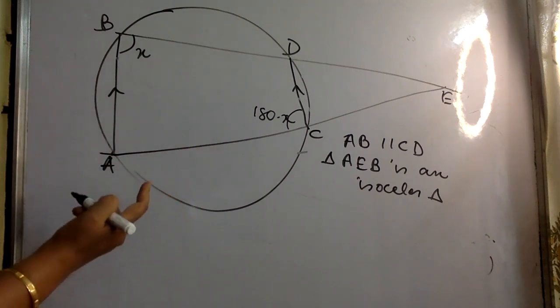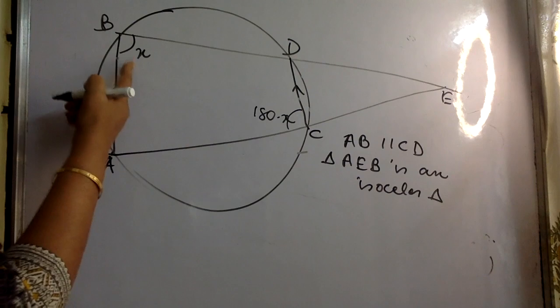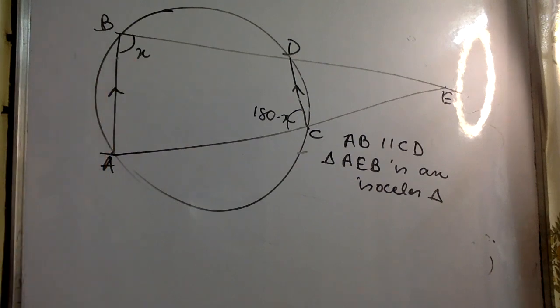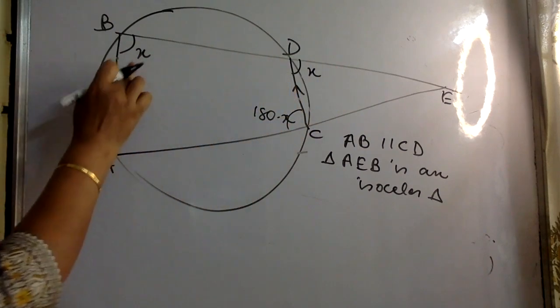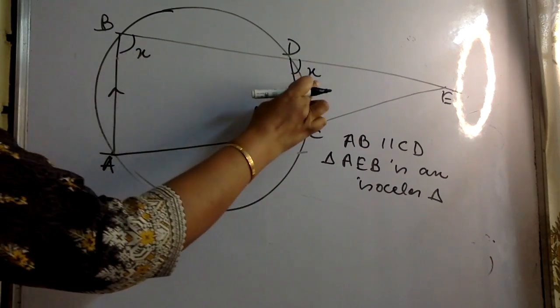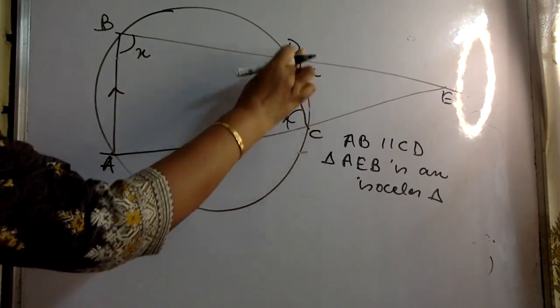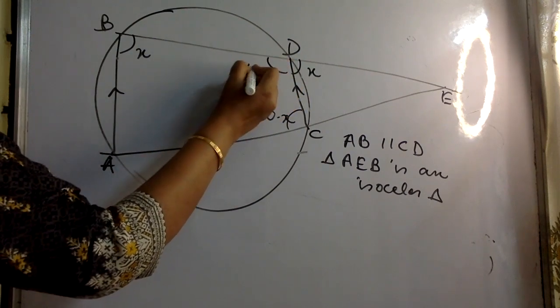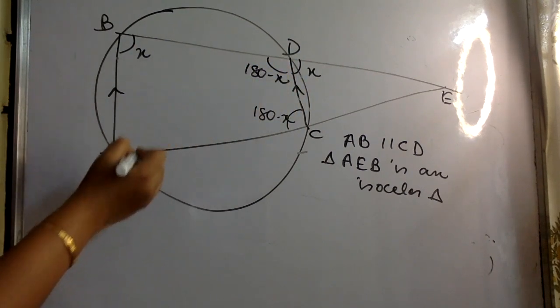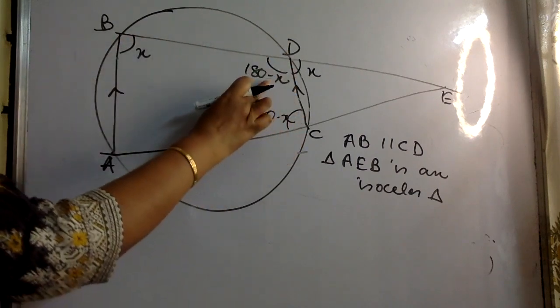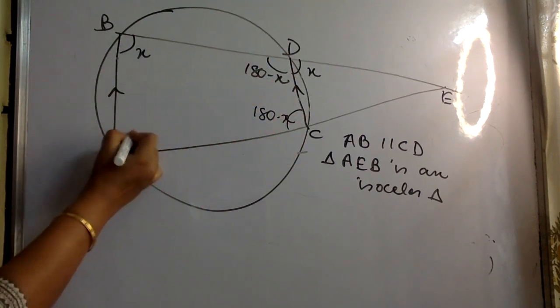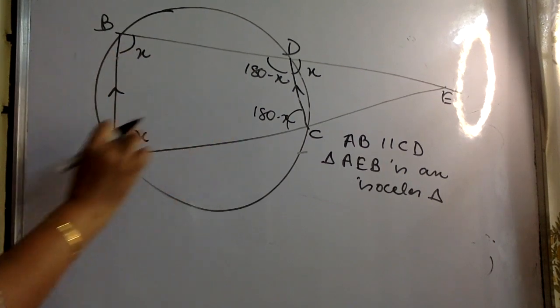Now, if this angle is x, then this will be x because of the corresponding pair. If this angle, that is EDC, is x, then this becomes 180 minus x. If this angle, that is angle BDC, is 180 minus x, then this one BAC will be x.